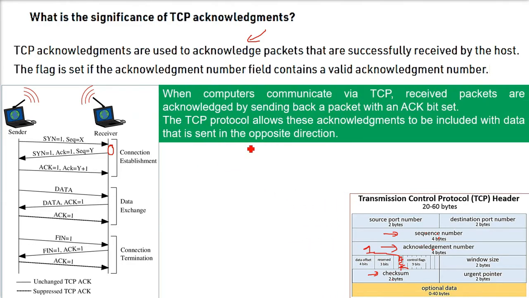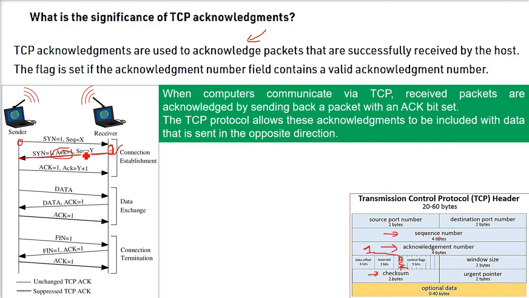When computers communicate via TCP, the transmission control protocol, received packets are acknowledged by sending back a packet with the ACK bit set. The TCP protocols allow these acknowledgements to be included with data that is sent in the opposite direction, and that is called piggybacking. But we are talking about the acknowledgements.